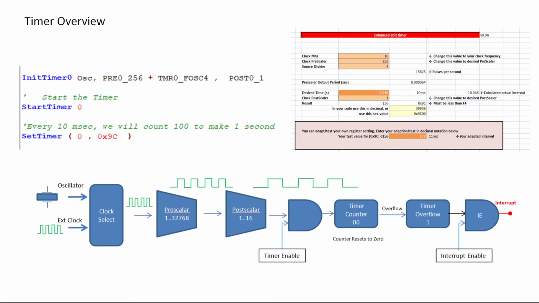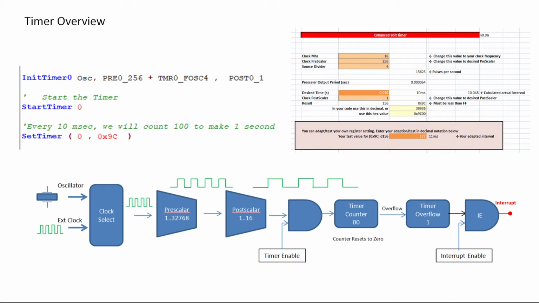How do we do that in Great Cow Basic? Well, we set up the initialization. We tell it what type of clock source we want, an OSC or external. That's on the first line. We tell it the prescaler and our timer 0 clock source, and then we give it the postscaler value.